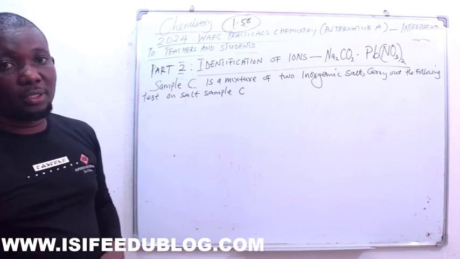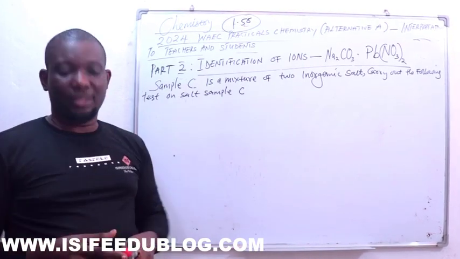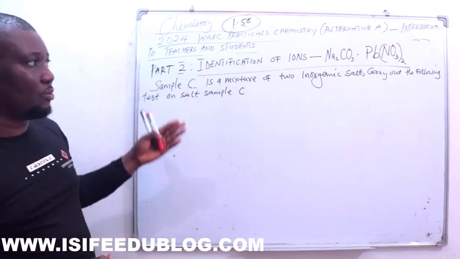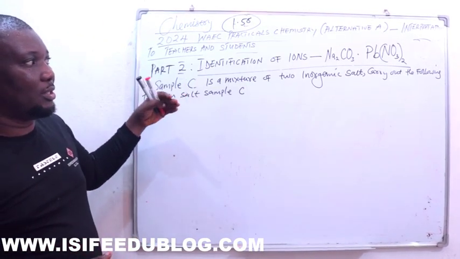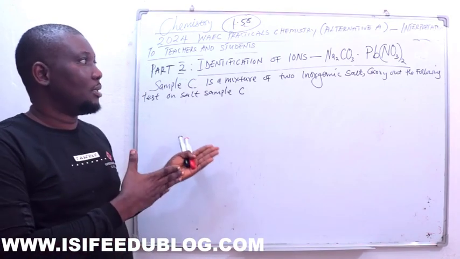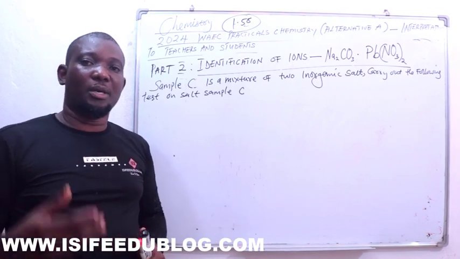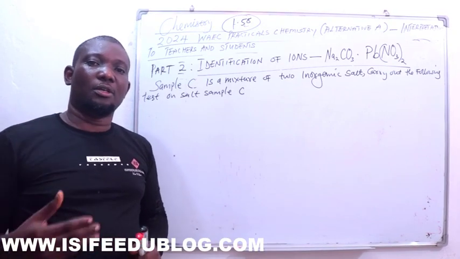The examiner states this clearly in the question paper. So we should find ways to interpret this, and all of this identification should be presented in a table under the subheadings tests, observation, and inference.